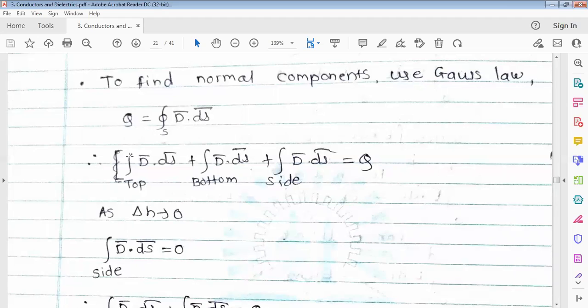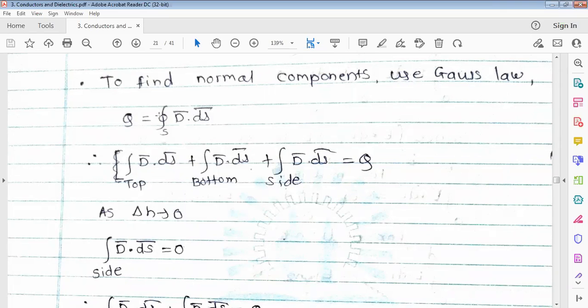Now, Q is equal to the closed surface integral of D bar dot dS bar, and this is the Gauss law. The closed surface integral of D bar dot dS bar is equal to Q. It is equal to psi, or psi is equal to Q.